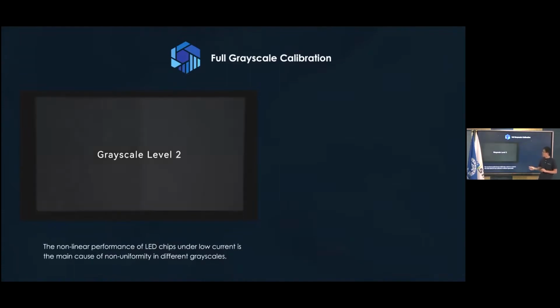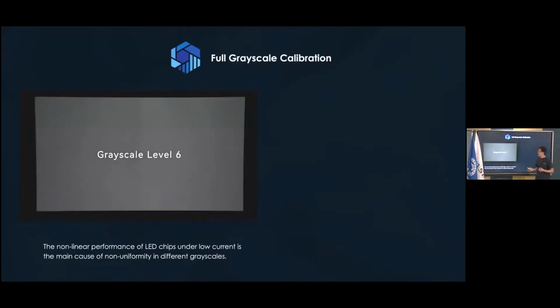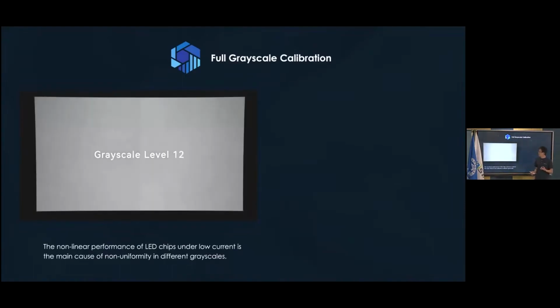Here is also a short video to demo the display performance. The left side is the traditional one-layer calibration, and the right side is with full grayscale calibration. You can see in the low brightness, in the low grayscale, the right side with full grayscale calibration performs better than the left one.